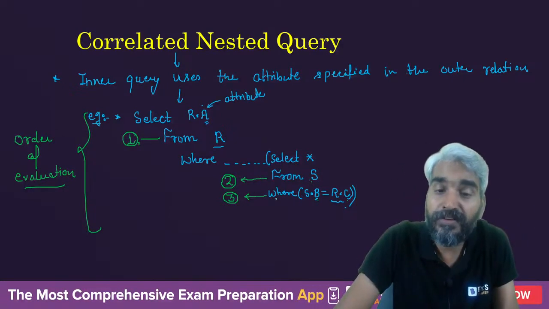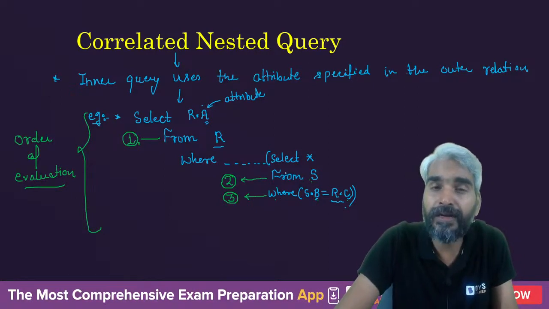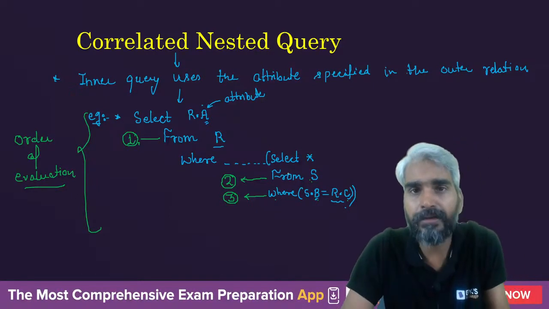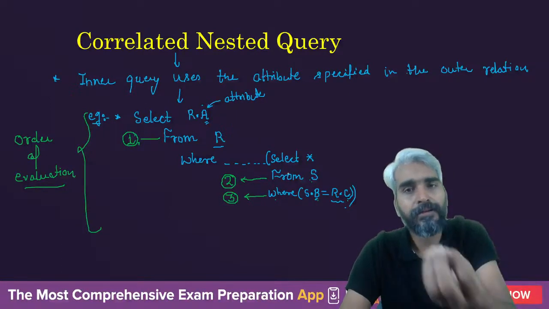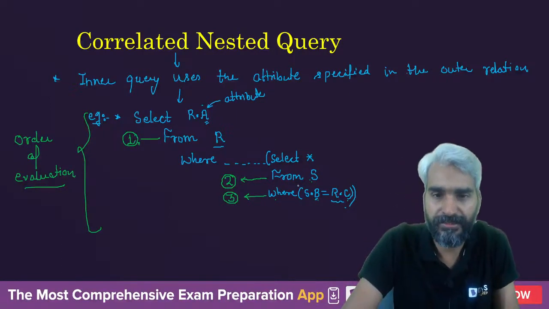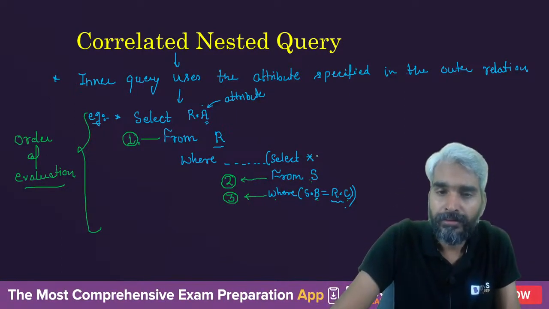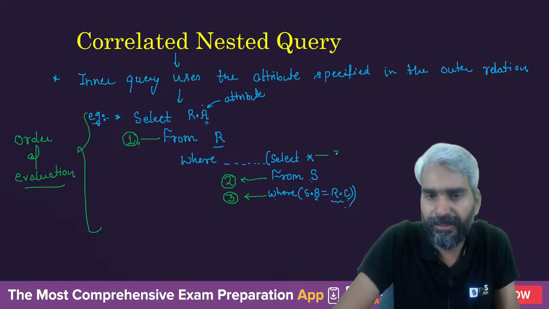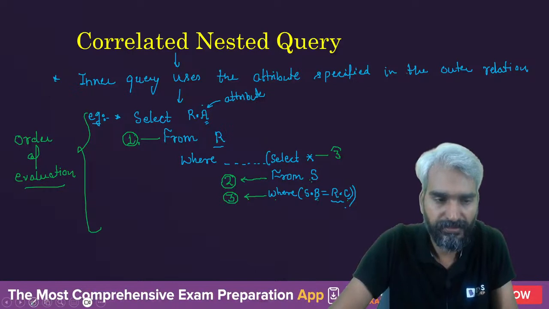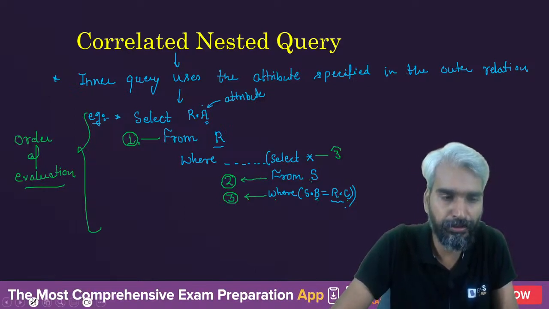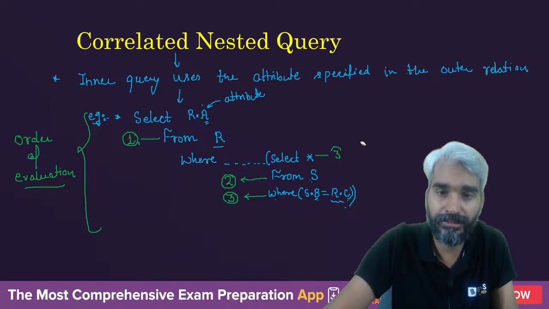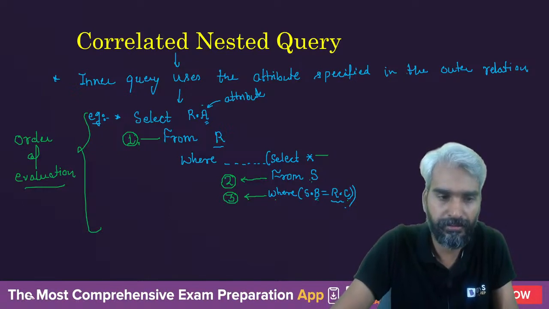Now, if this where condition is true, then that particular tuple will be selected. If that particular condition is not true, then that particular tuple will not be selected. Now, this will be the third thing, that based on that you will select things. Sorry, fourth. Something else will happen at this point of time, and this is very important.